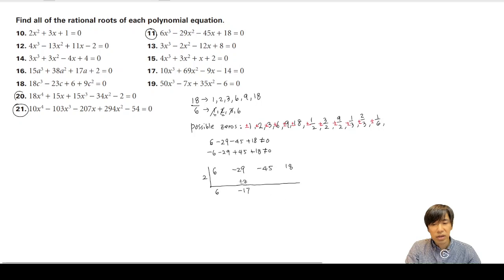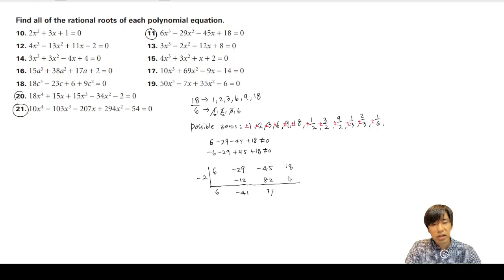So erase these things. So I'm going to use -2 now. That's a 6. Okay, that's -12. Add them together, that's -41. Multiply, that's 82. Add them together, that's what? 37.